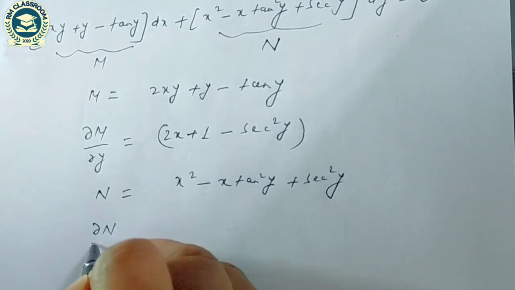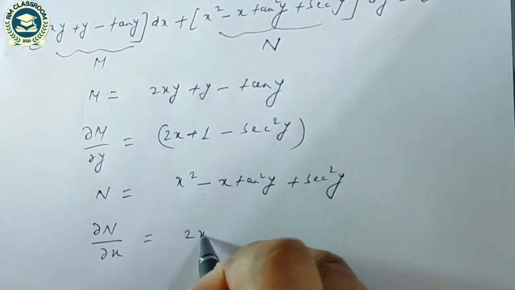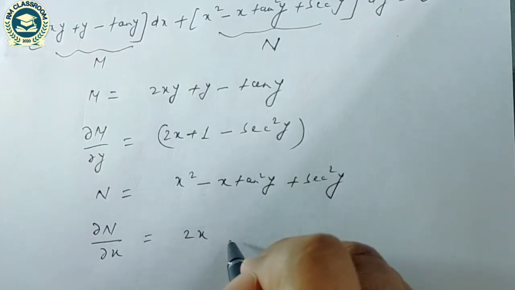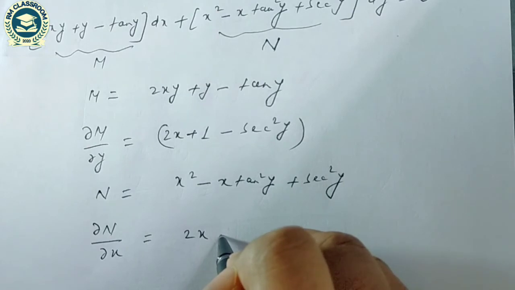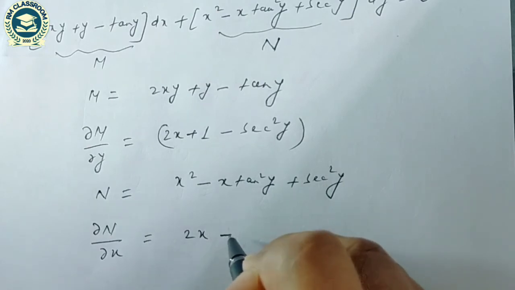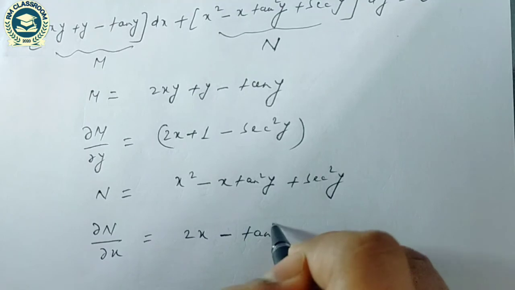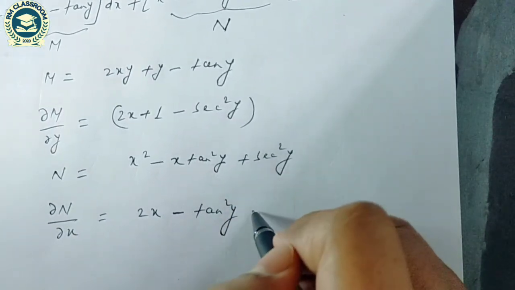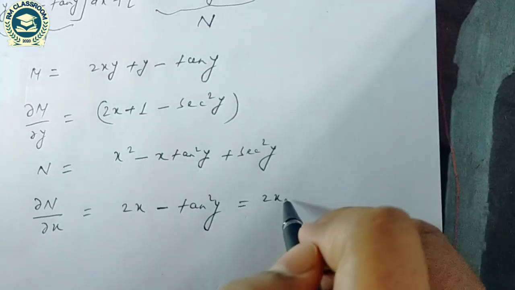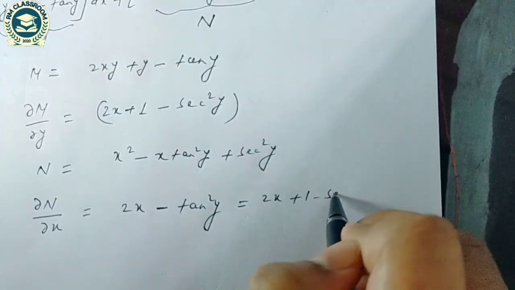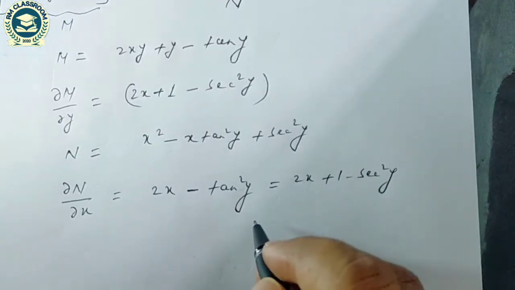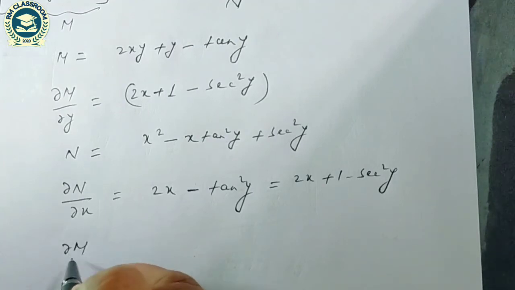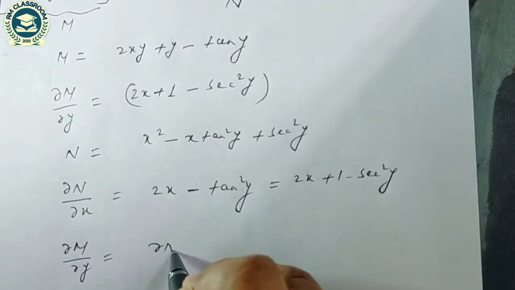So del N by del x is equal to 2x minus tan square y, and this can be written as 2x plus 1 minus sec square y, because sec square y minus tan square y is equal to 1. So here we have seen del M by del y is equal to del N by del x.